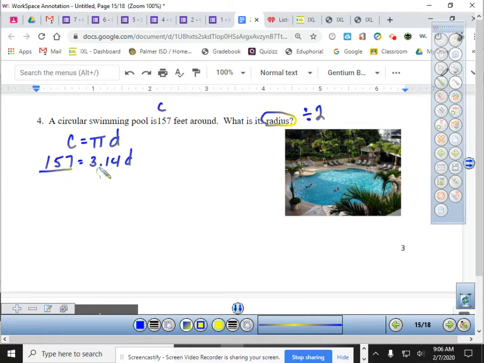Now what? Divide both sides by 3.14. That one goes away. We gotta move the decimal, so what's gonna go in the house? 1, 5, 7, 0, 0, and this is 3, 1, 4. 3 into 15, 5, work it out.